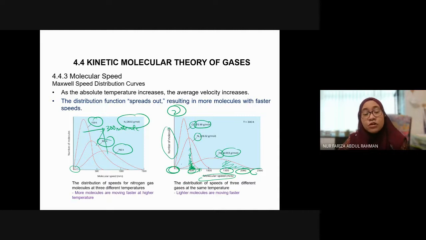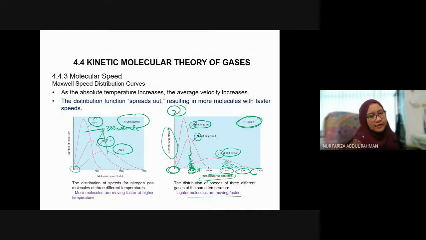Okay, which is slower lah. So they move slower compared to nitrogen and helium. So helium is the lightest, yang paling lightest. Okay, so the lighter molecule are moving faster. Okay, tapi temperature dia remain constant. Temperature remain constant. Yang berbeza dari segi dia punya jenis gas dia.